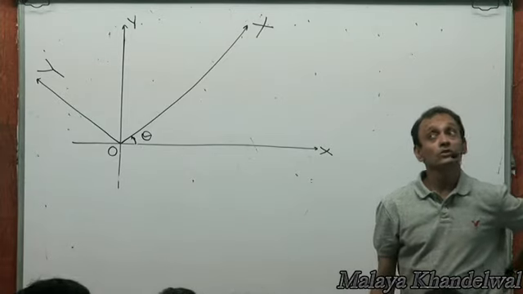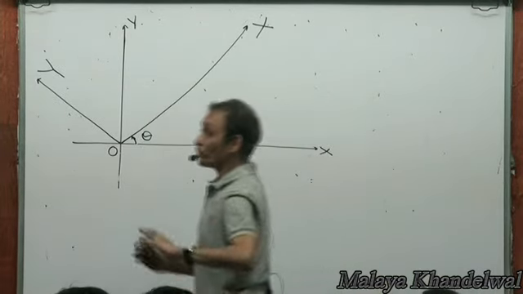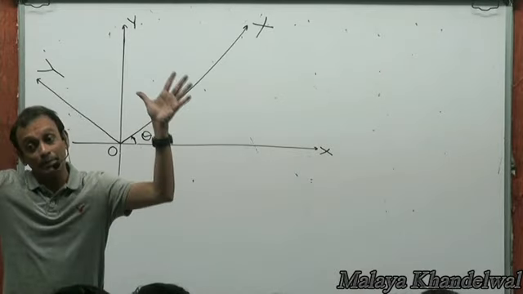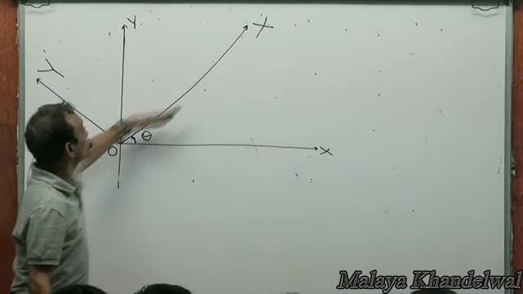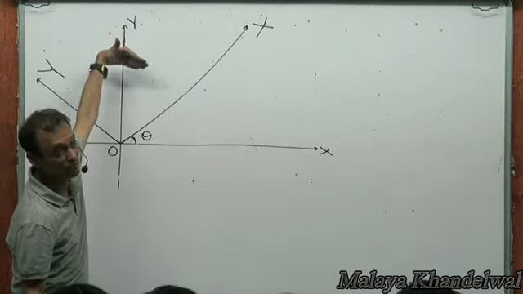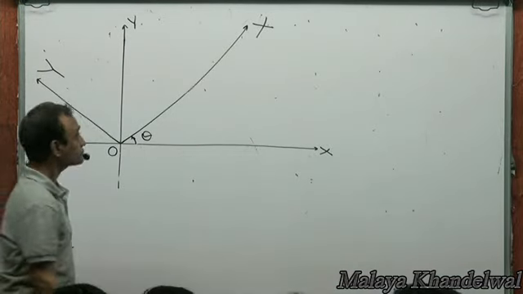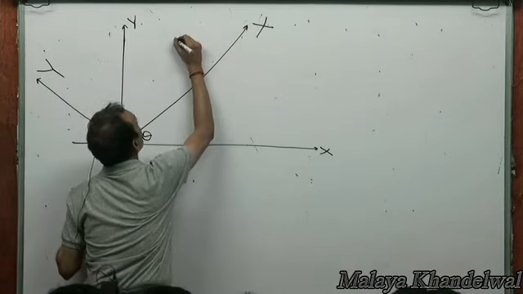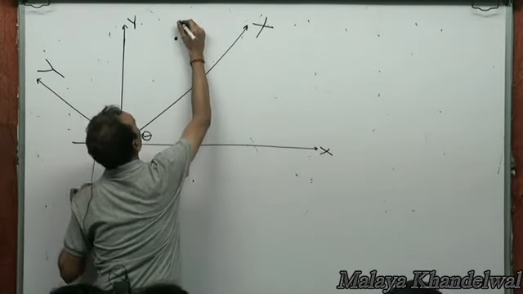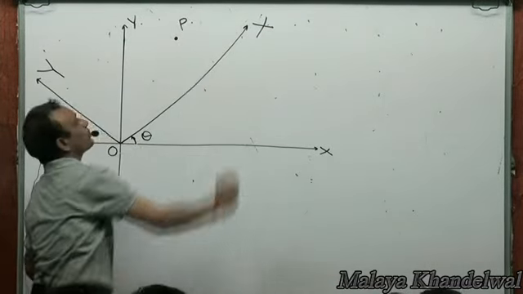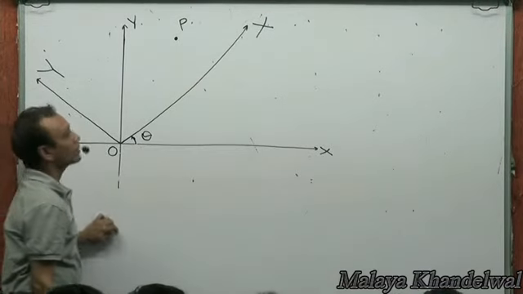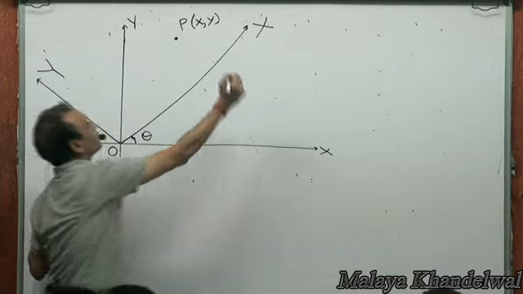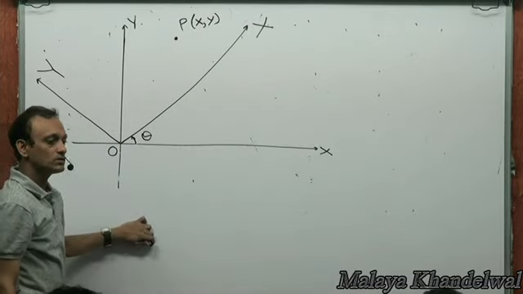Yes or no? So now, from small x, small y, I want to be able to migrate to capital X, capital Y. This is the new system. This is the old system of measurement. Now, suppose there is a point P located somewhere with coordinates small x comma small y.